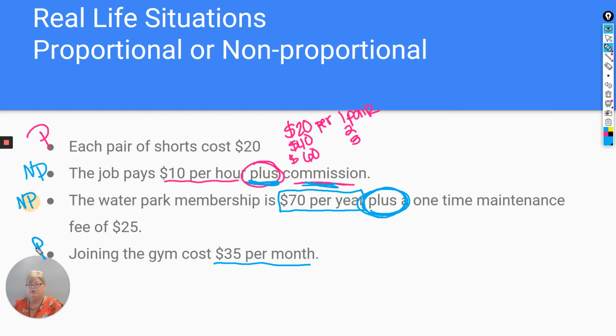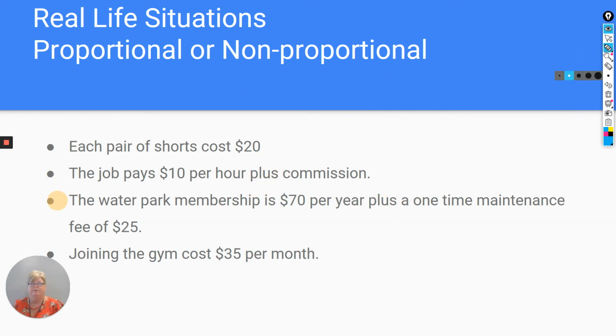That would be proportional because for every month it's $35. Second month it is $70, and it would just keep going. So look for words like additional fees, plus, those would be non-proportional. If it's just a unit rate, that's going to be proportional.